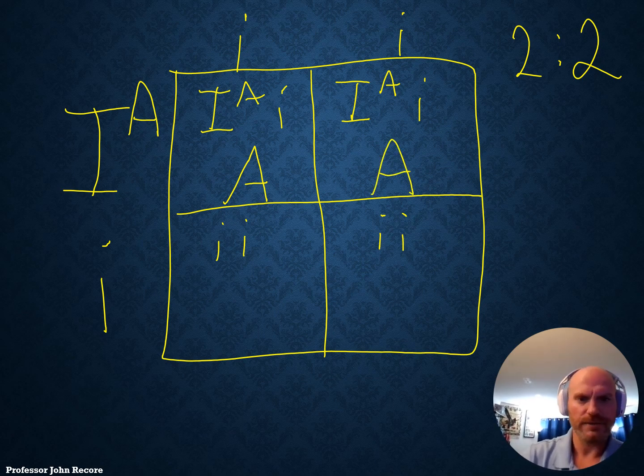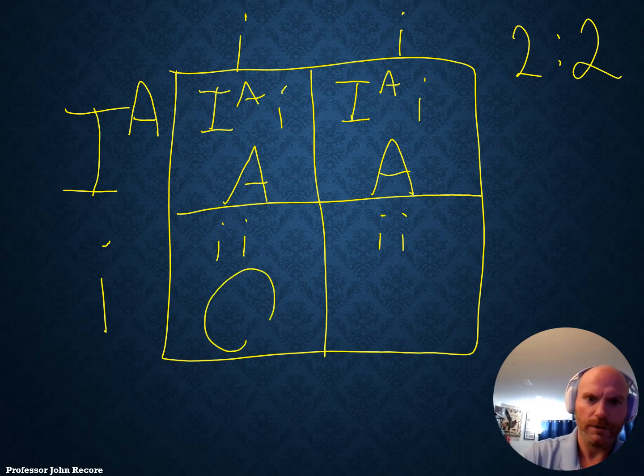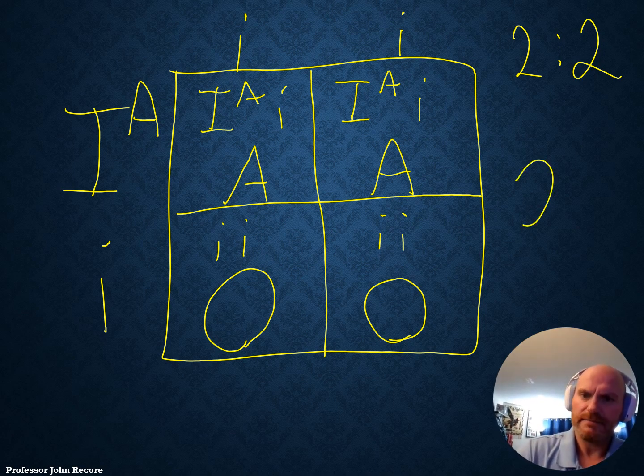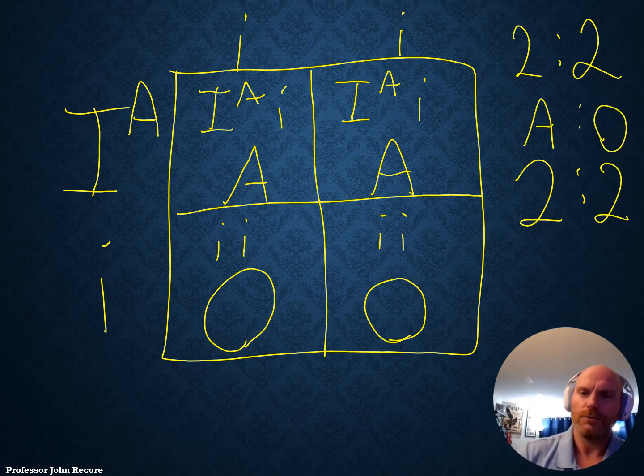And in the bottom two cases, just like Mom, we're going to wind up with type O blood. So our phenotype ratio is going to be just like our genotype ratio in that it's going to be 2 to 2, representing A and O blood types.